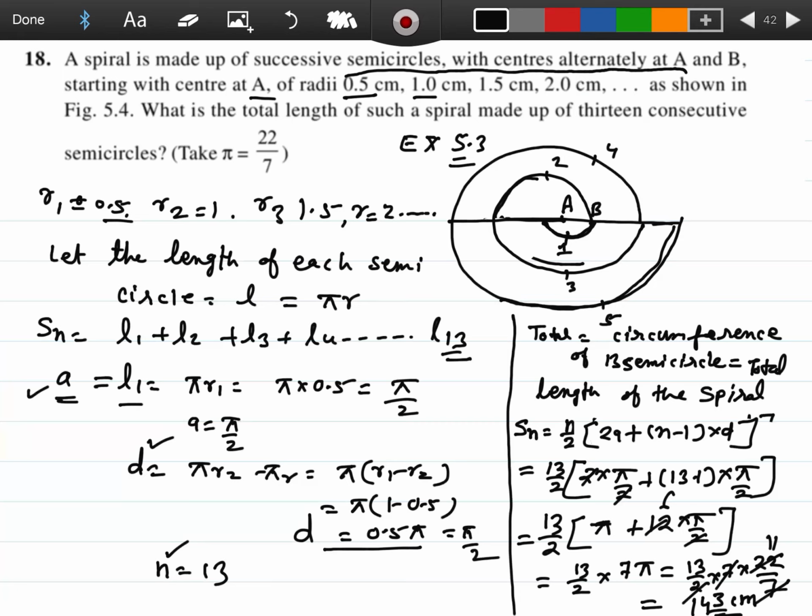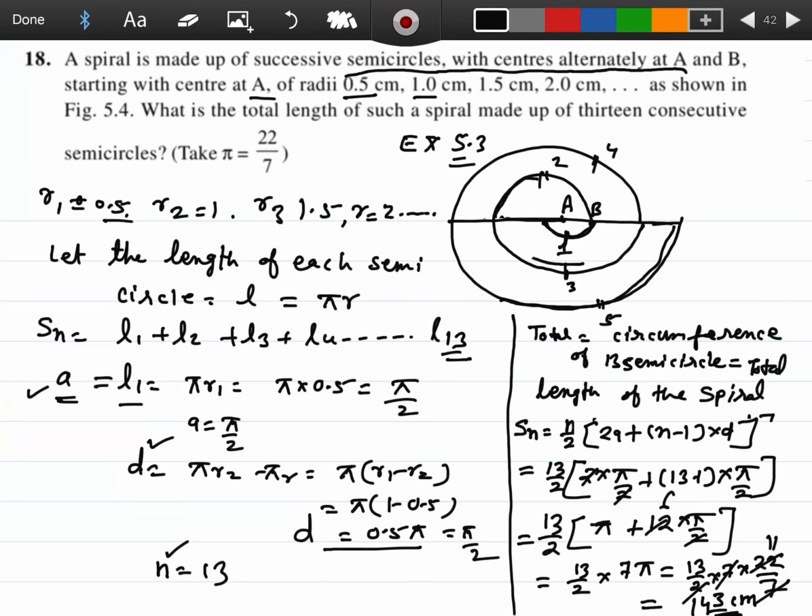This is a very long problem, so once again I am going to explain. Here the semicircles are making the spiral. You can see in each round the semicircles: first semicircle, second, third, fourth, fifth.